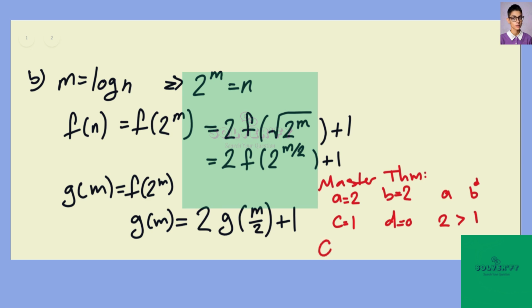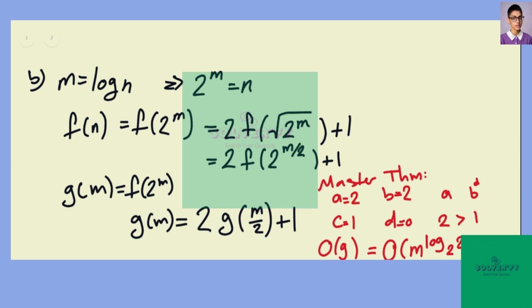So that means big O of g is going to be equal to big O of m to the power of log base b of a, so it's going to be log base 2 of 2. Now, log base 2 of 2 is going to be 1, and so this is really big O of m.